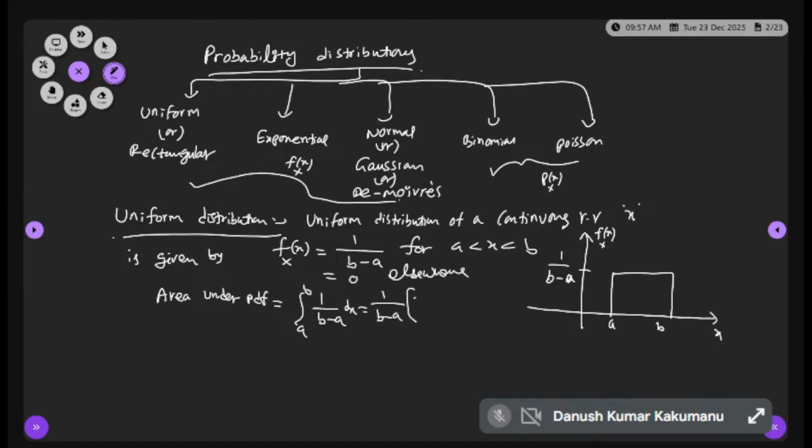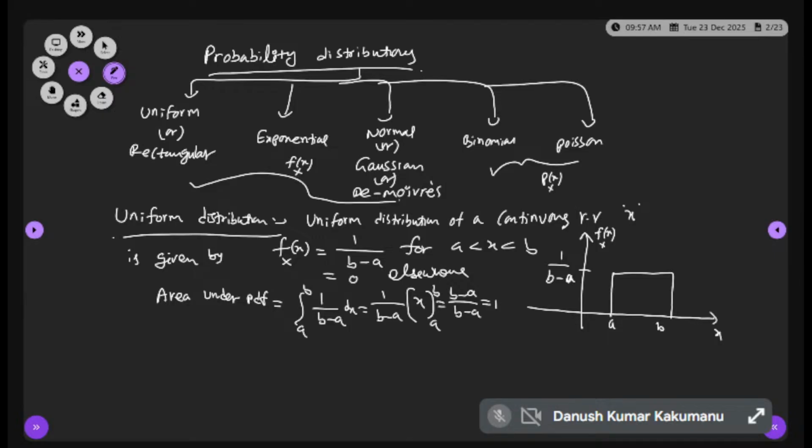The integral of 1 dx is x, with limits from a to b. b minus a divided by b minus a is 1. Area under the PDF is 1. Therefore, it is a valid PDF. Any PDF, whether it is valid or not, how to check? Area under the PDF is equal to 1. So that is our first point. Any confusion?